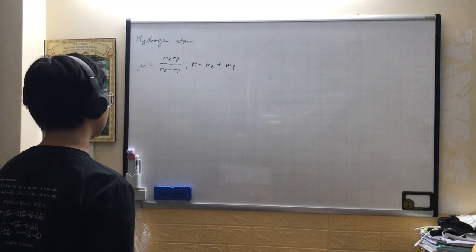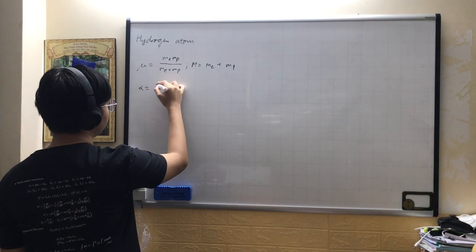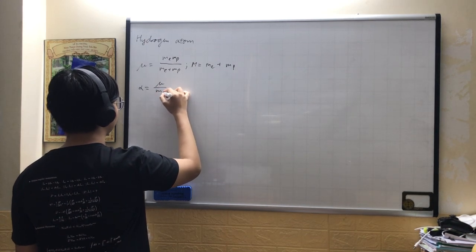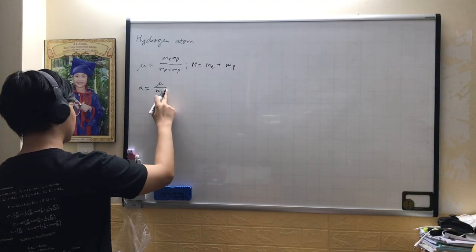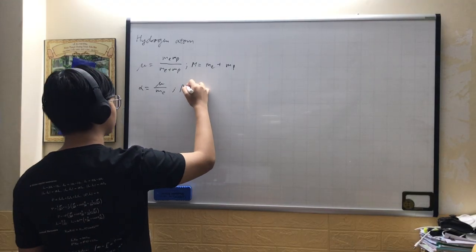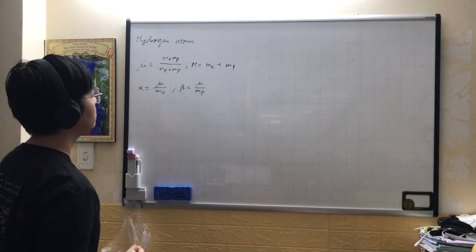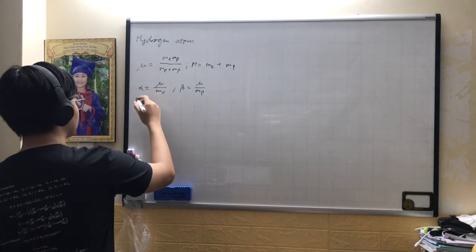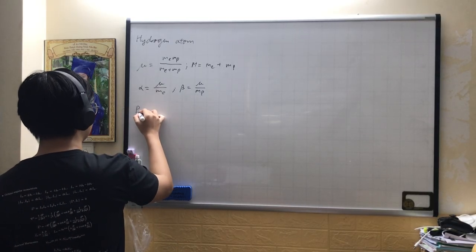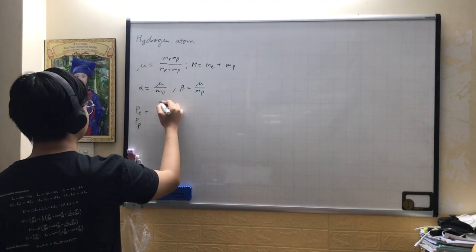Okay, so from here you can transform your alpha and beta as well. So alpha would be mu over m_p, no, this is m_e. This is m_e, and beta is mu over m_p. Right, so from here you're gonna write your p_e and p_p again as well.